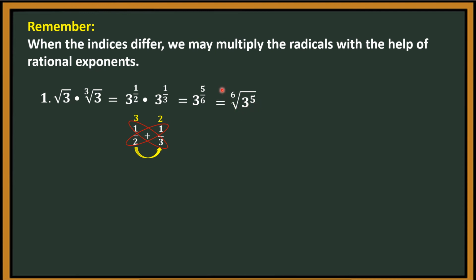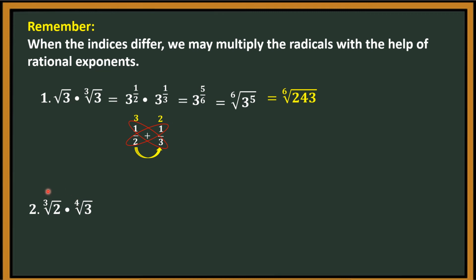So yung numerator niya, that is the exponent of 3. Yung 6 sa denominator, that is the index. And then, pwede pa natin itong isimplify ang 3 raised to the 5th power. So, that is equal to the 6th root of 243.